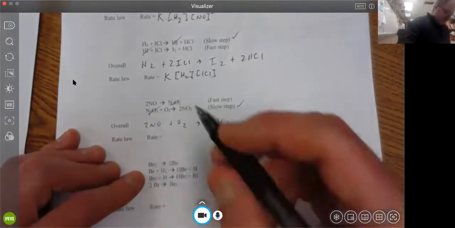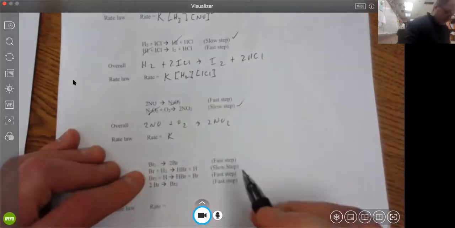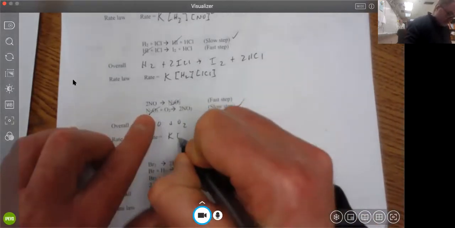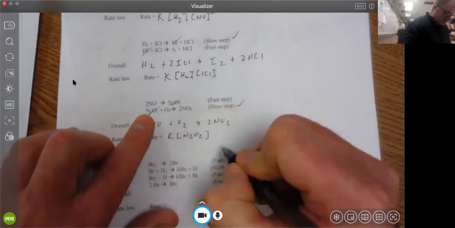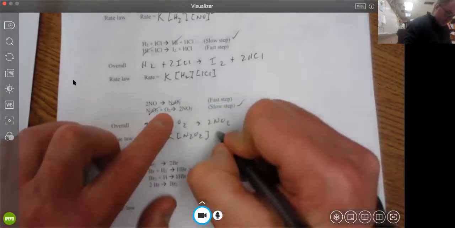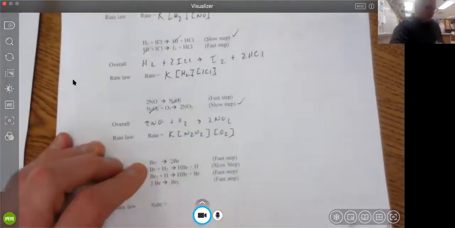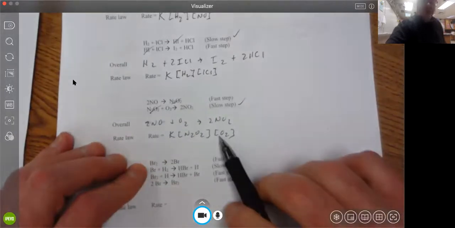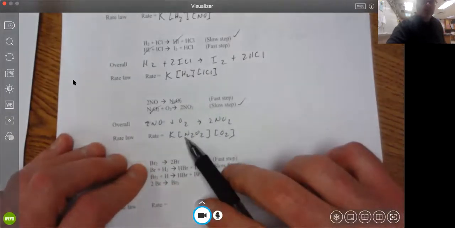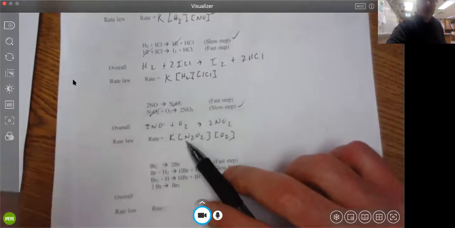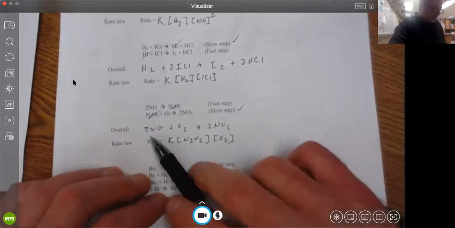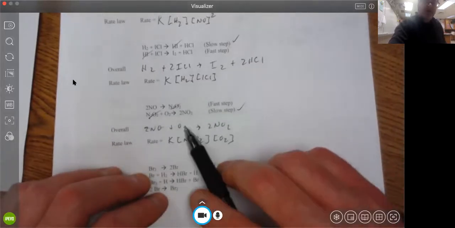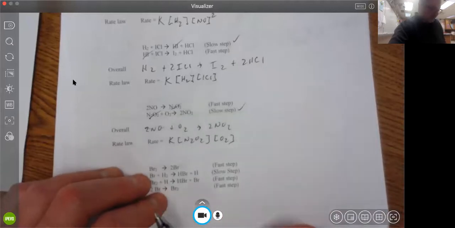Now, the problem with this is that our rate is going to be equal to K, concentration of N2O2 and O2. This is no good because, as you know, every rate law we've done before this, we have only used the reactants of the overall reaction.